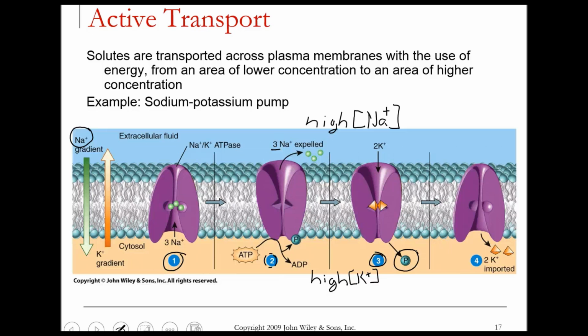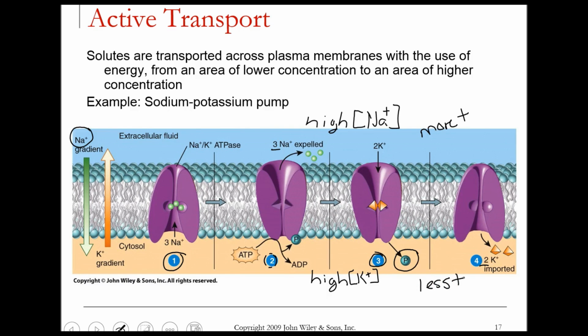And one thing I want you to see is that this is 2 potassiums. So we've been moving positive charges out of the cell and positive charges into the cell. Have we been moving equal number of particles out of the cell and into the cell? No. We've been moving out more positive charges and moving less positive charges into the cell.